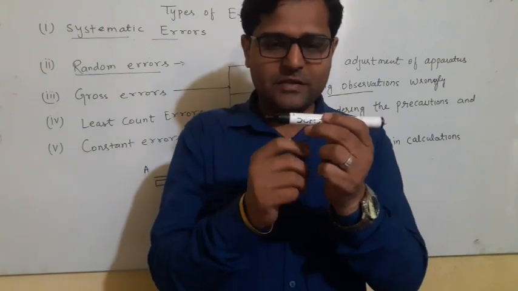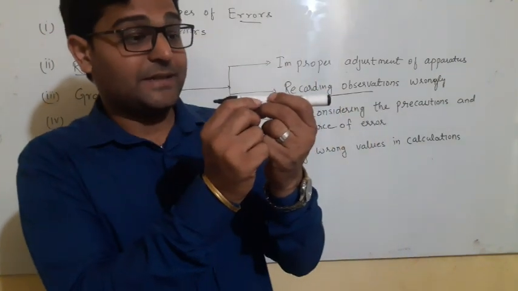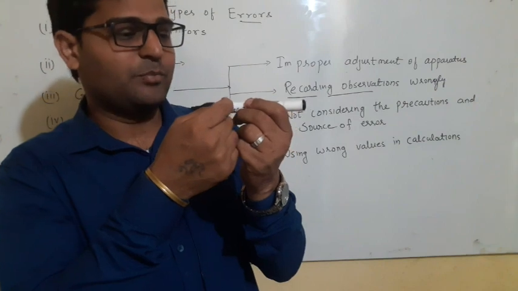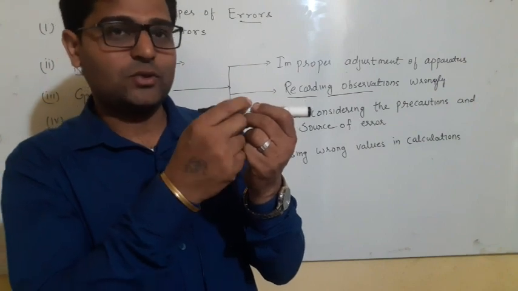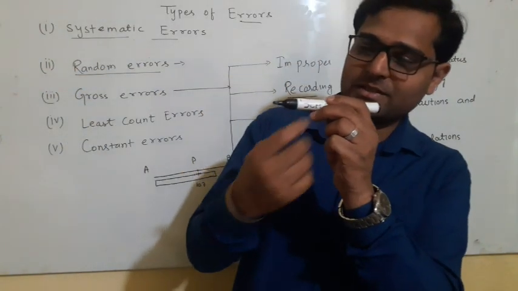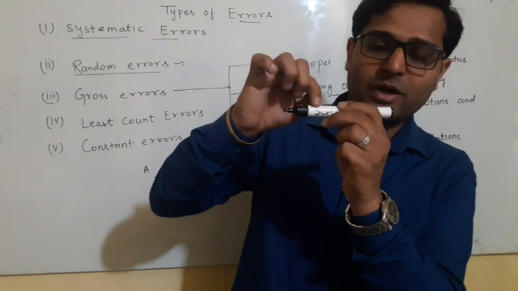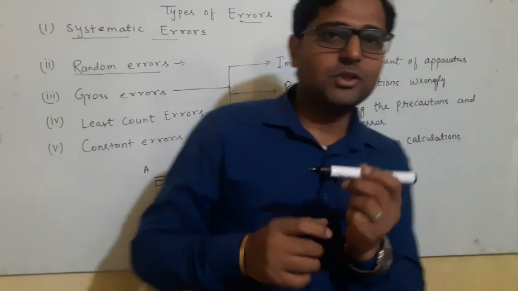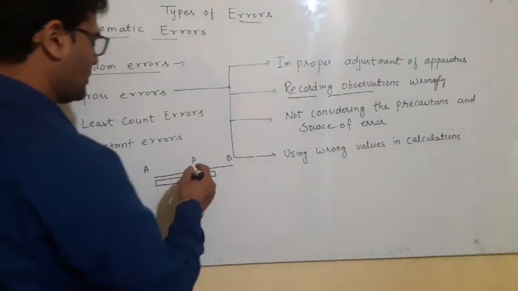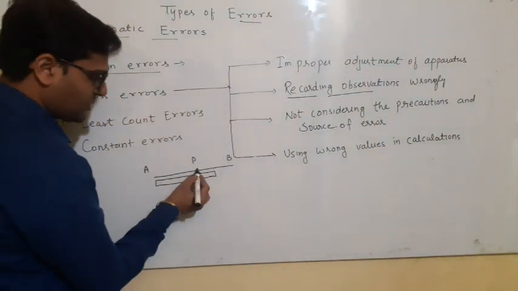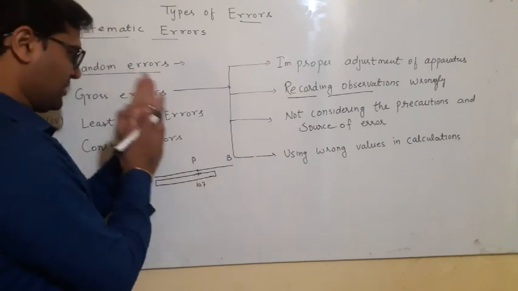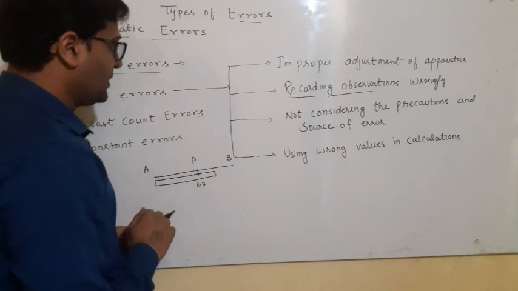But if I take the observation like this, then that line will coincide before the exact value, and if I observe like this, then that point will coincide with the further values. So this method we have to adopt during the observations. So the angle of vision should be straight, right?